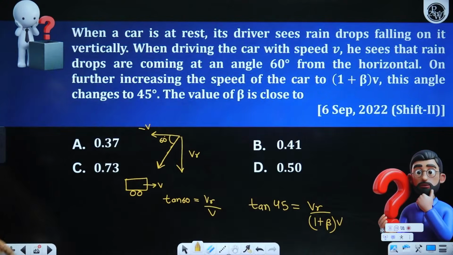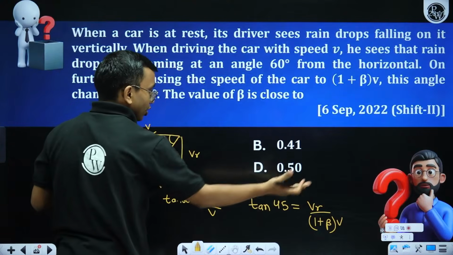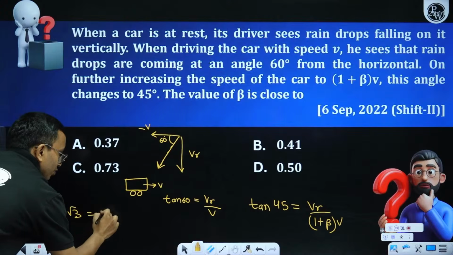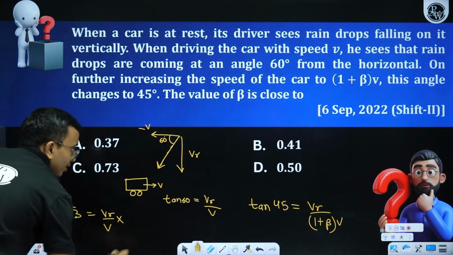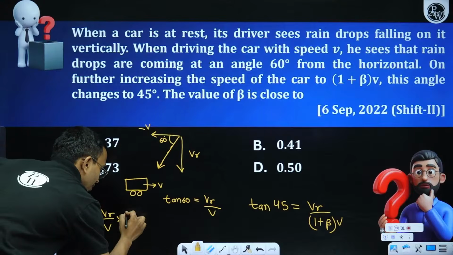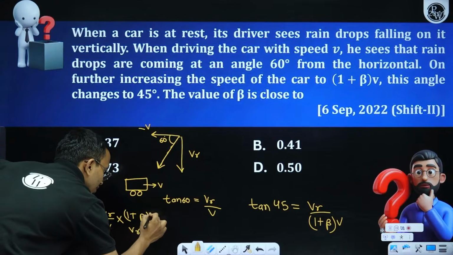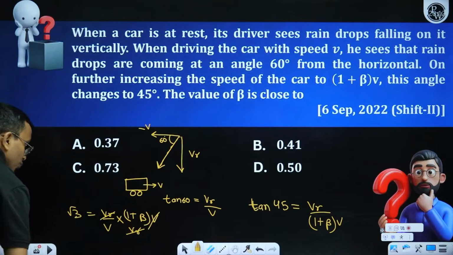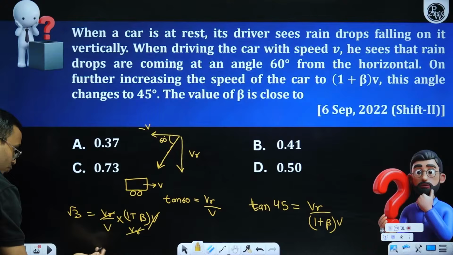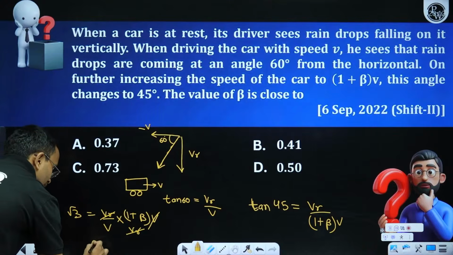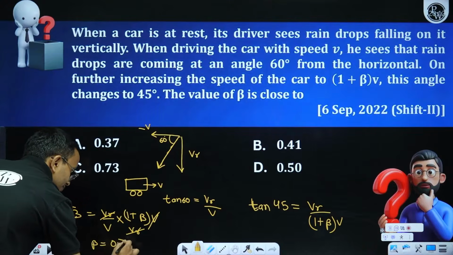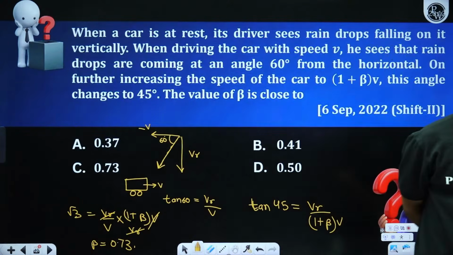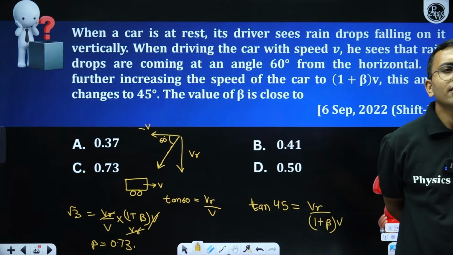What is the value of beta? Now you can divide these two equations. Tan 60 is root 3, equal to v rain by v divided by v rain by (1 plus beta) v. So 1 plus beta is equal to root 3. Root 3 is 1.73, so beta comes out to be 0.73. Okay, clear?